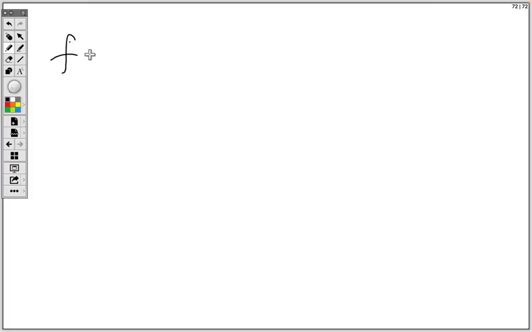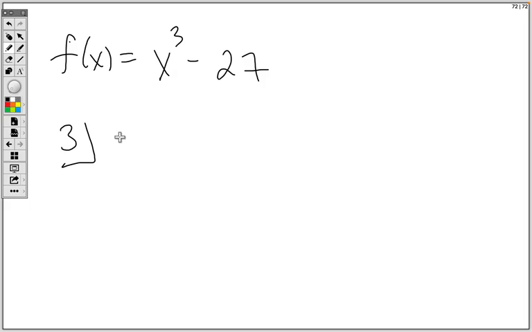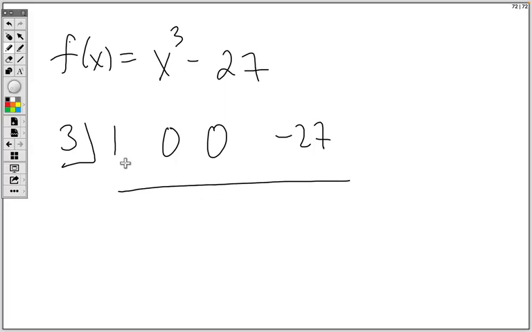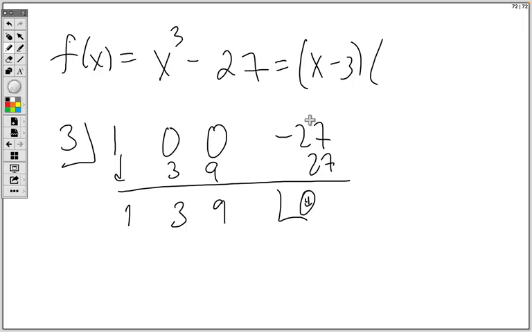So if I look at the function f of x equals x cubed minus 27, I know that 3 is one real solution. So if I go through my synthetic division here, I know that I can factor this as x minus 3 times x squared plus 3x plus 9.